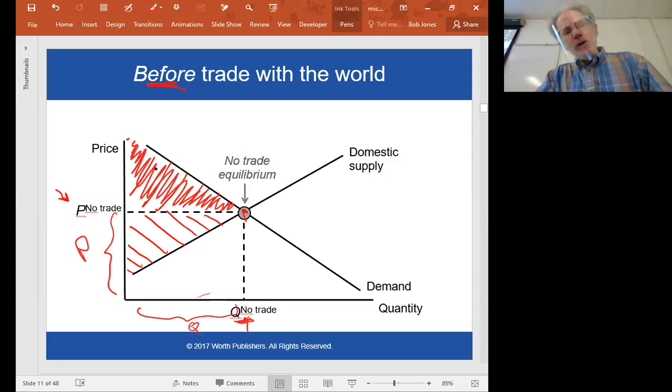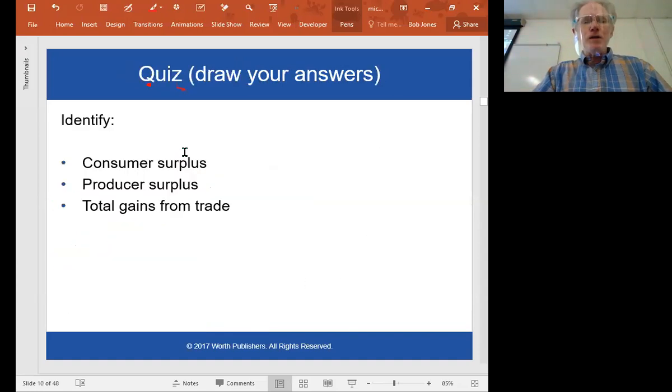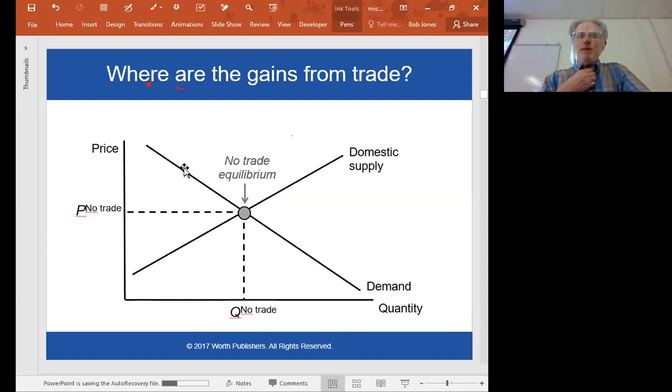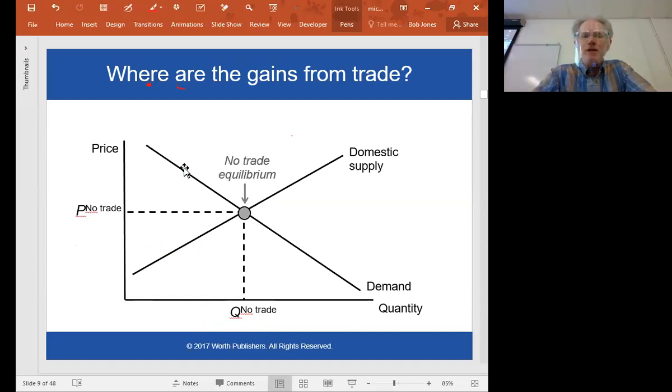So I asked, where is the consumer surplus? Then the question: where's the producer surplus? Now think about that, and on your paper, draw in where the producer surplus is. I'll give you a few seconds to do that.